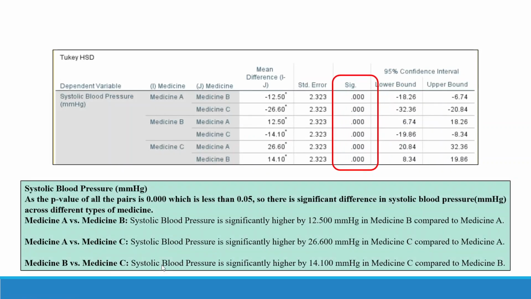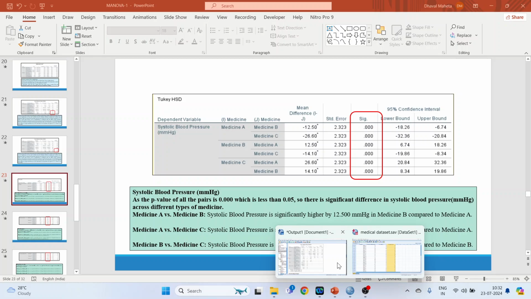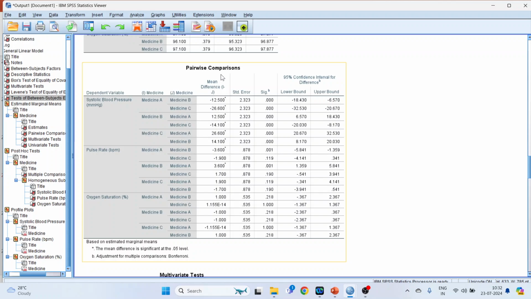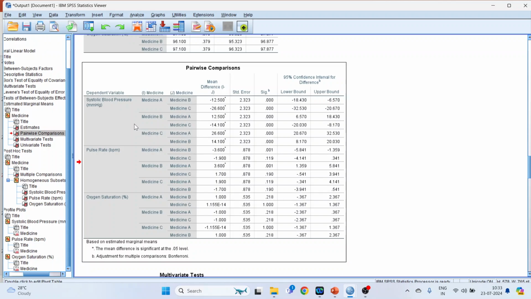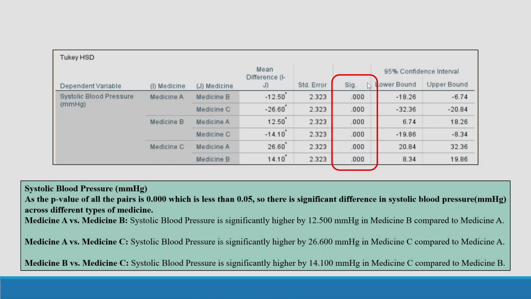Next, we will have to see the post-hoc test for all the dependent variables. This we can get from here. Pairwise comparison. So I'll copy it from here. Now we will have to see the p-value of all the pairs.